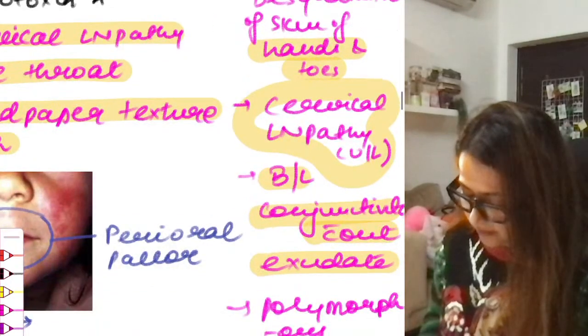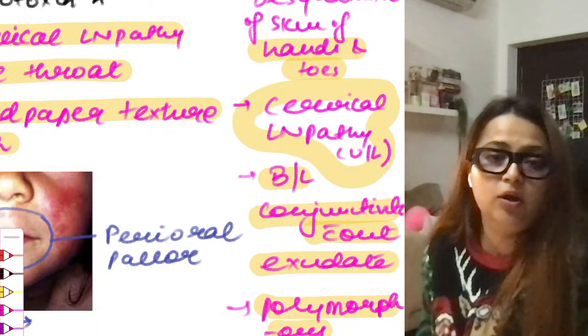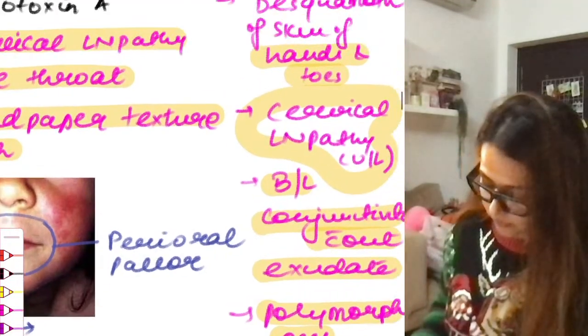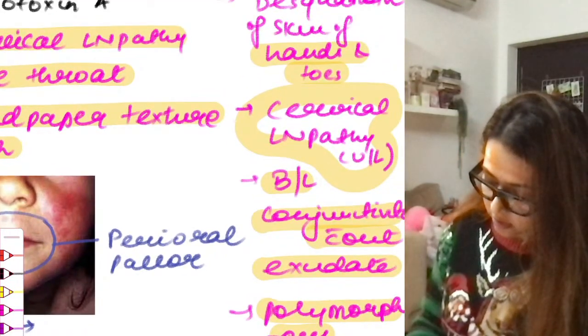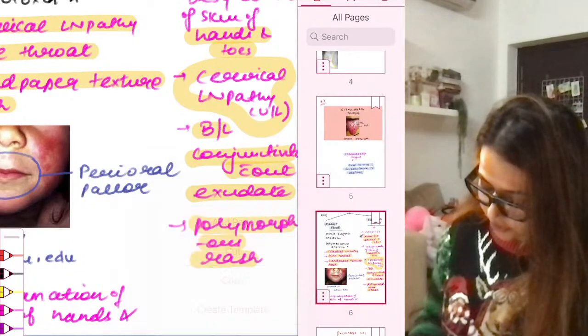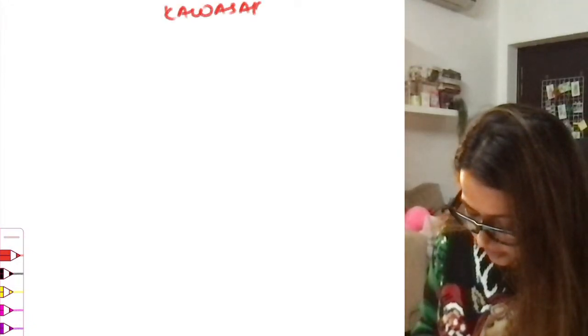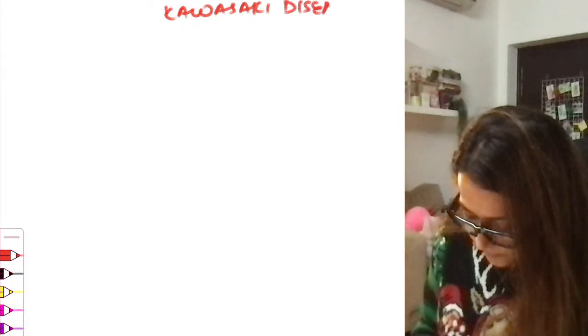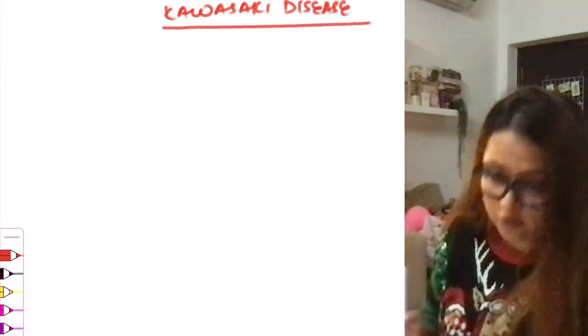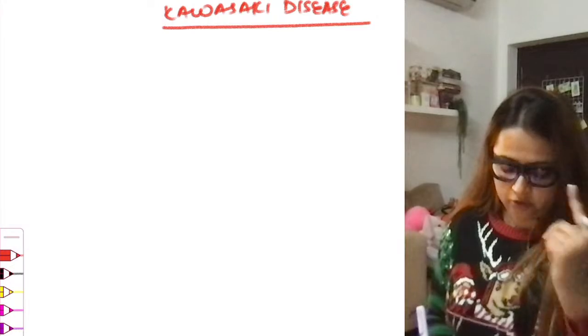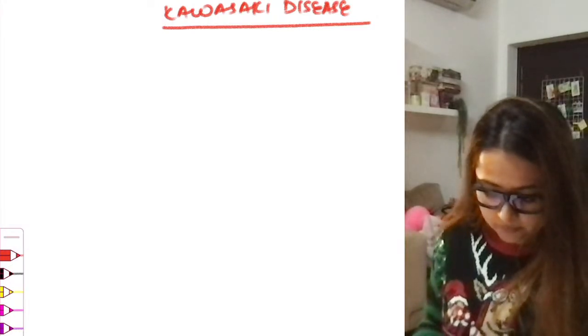And then the rash is a polymorphous rash. Now let me also tell you a very high-yield point. When a child is having Kawasaki disease, what are the treatment options for that? Anyone?